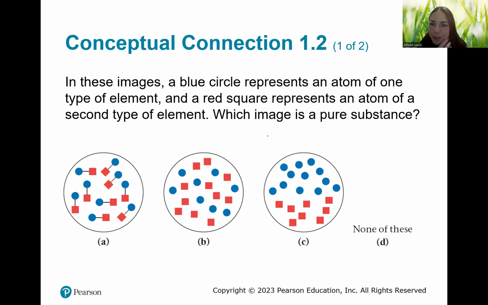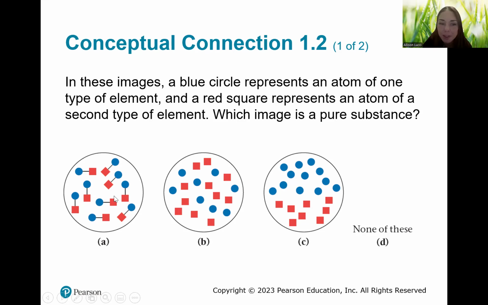And that brings us to this final type of question here, where we can see how pure substances are indicated by these graphical representations of these circles and squares here. So in image one, we see a red square bonded to a blue circle.